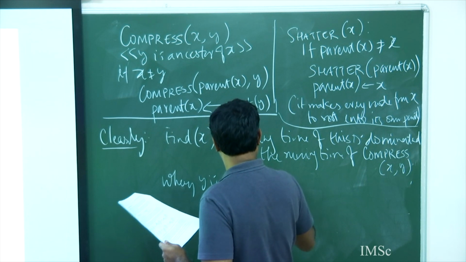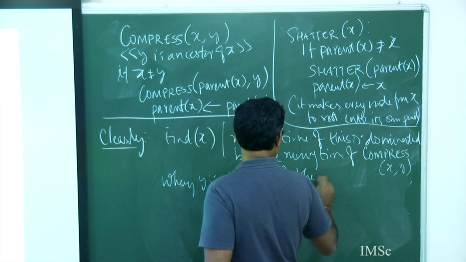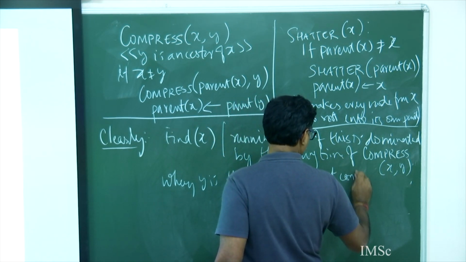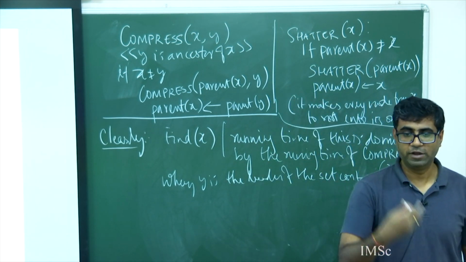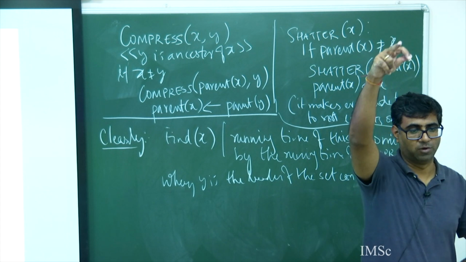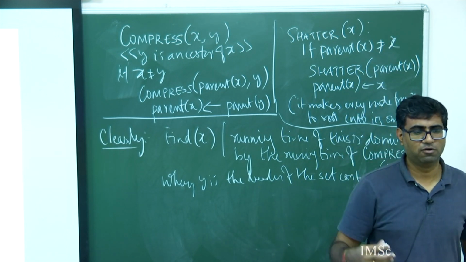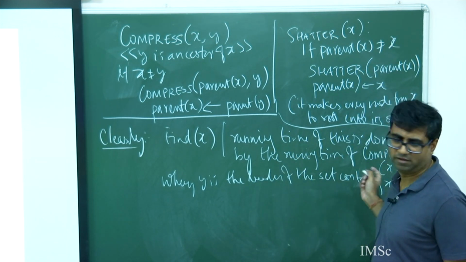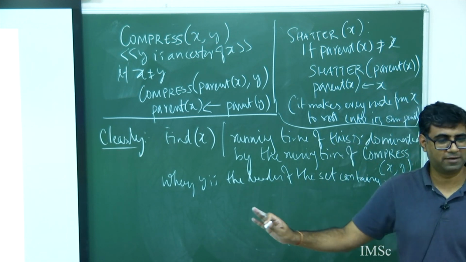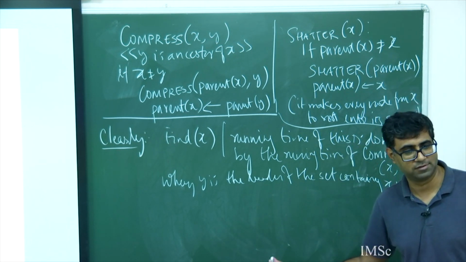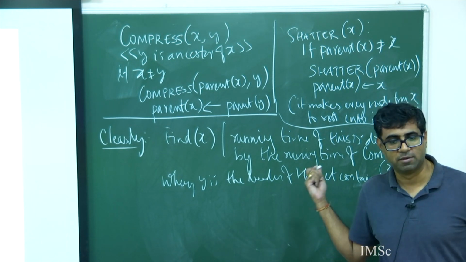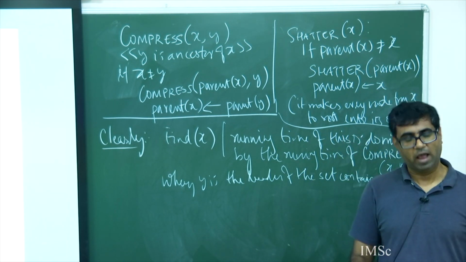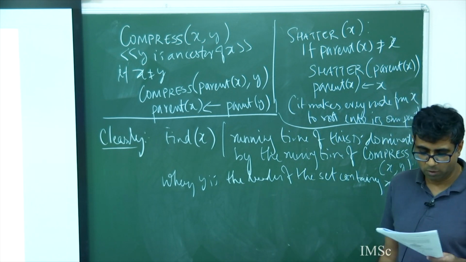Do you agree? When you do find of x, you go from x to y and you compress everybody. So the running time is dominated by this operation. So we can forget find and just concentrate on compress. Anyway, that is dominated by this operation. So forget about find. I'll only give you compress. Okay?